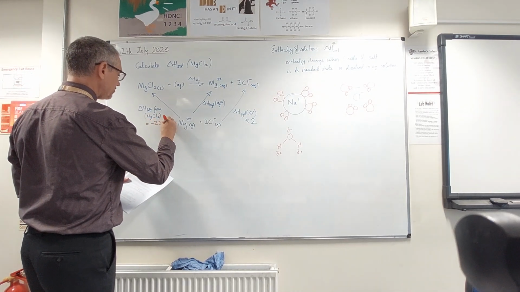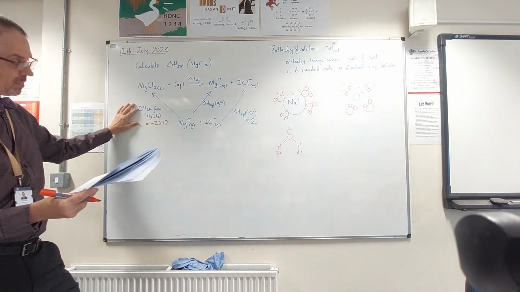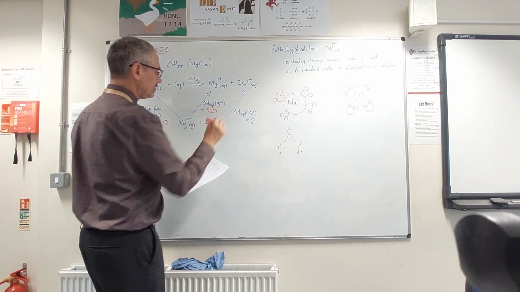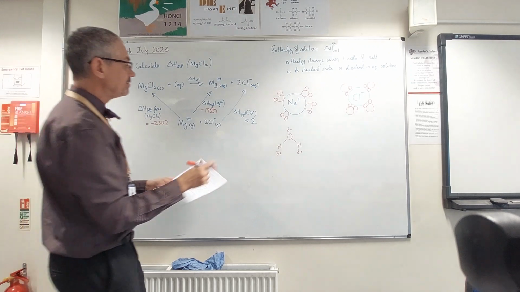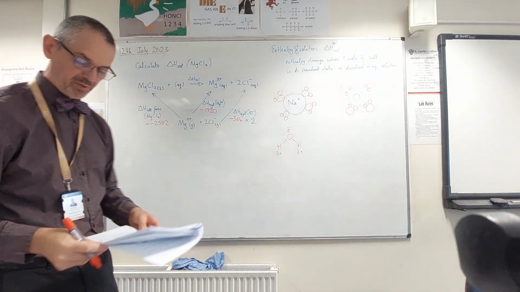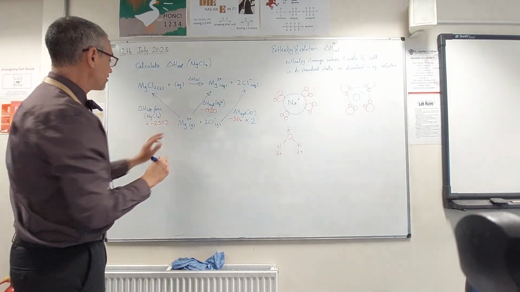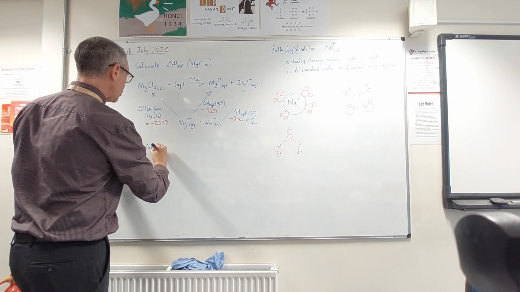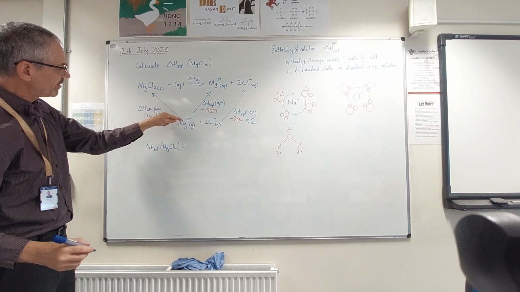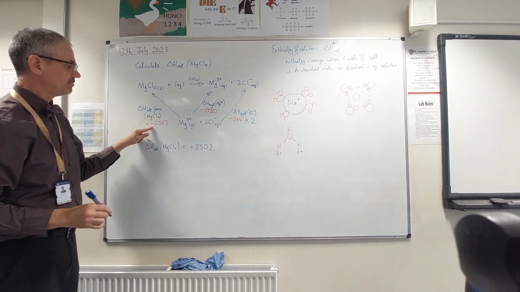Minus 2502 for the lattice formation enthalpy, big negative number. Magnesium here is minus 1920, and then minus 364 for each hydration enthalpy for chloride. So going across the top, enthalpy of solution for magnesium chloride will be, well, I'm going in the opposite direction to that arrow, so I need to change the sign there.